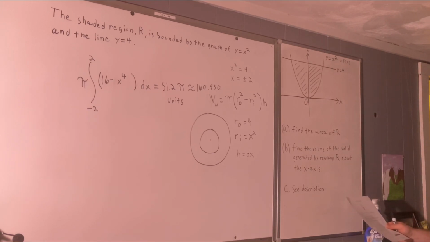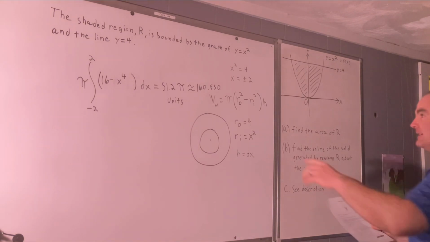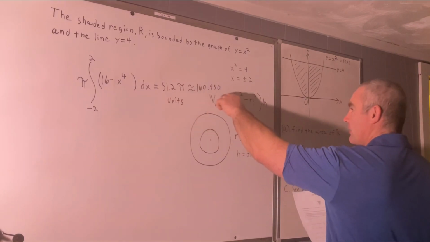Okay. So there exists a number k greater than 4, such that when R is revolved about the line y is equal to k, the resulting solid has the same volume as the solid in part B. It has this volume.